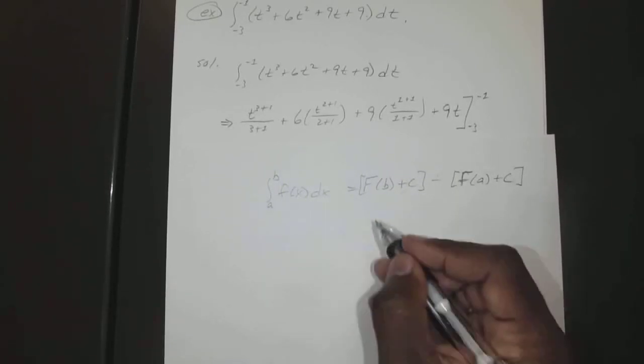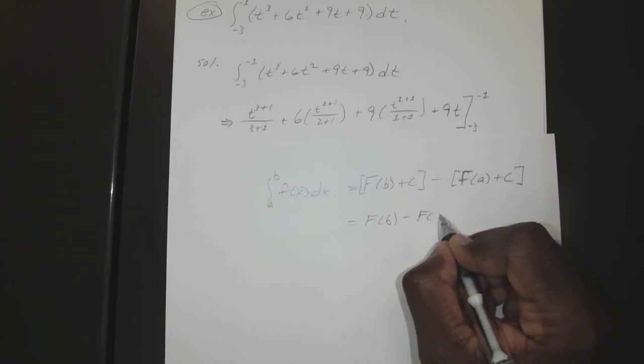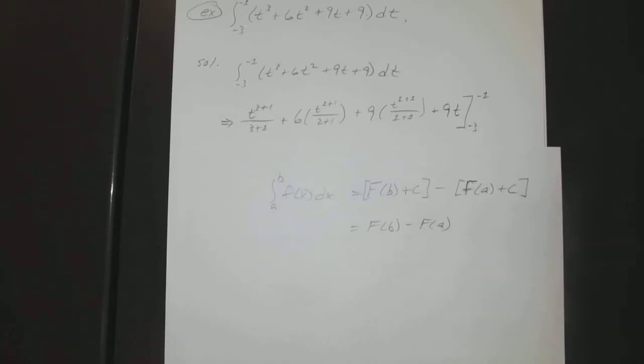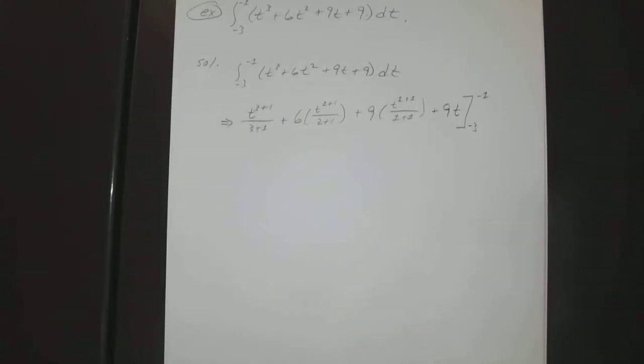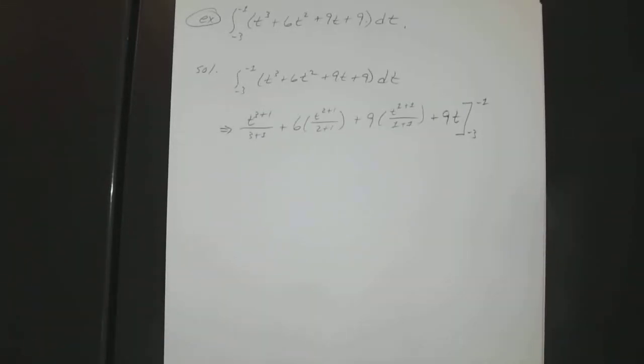Those two cancel each other out, leaving F of b minus F of a. So you don't have to worry about the plus c with definite integrals, because it has a range. If you're doing an integral that didn't have a range at all, then you have to put the plus c.